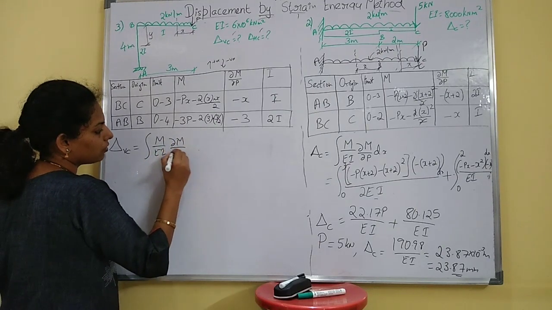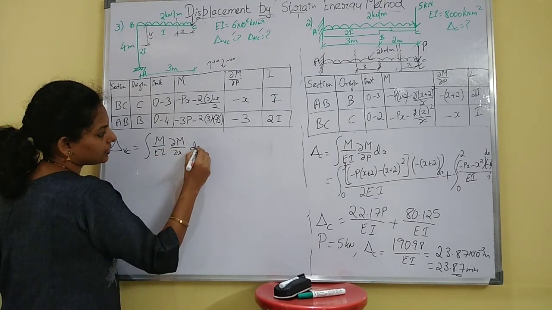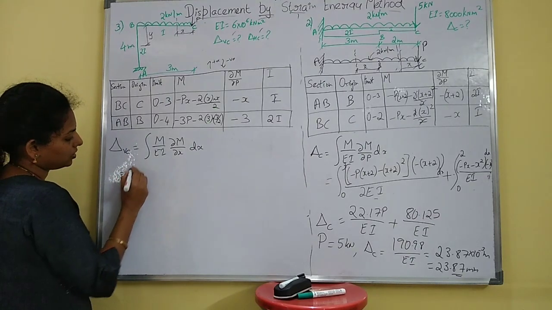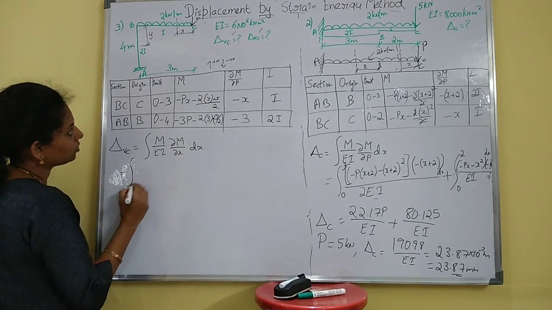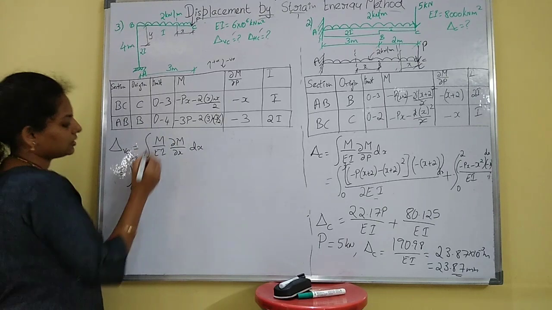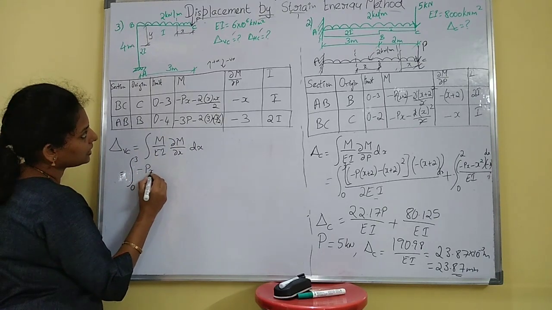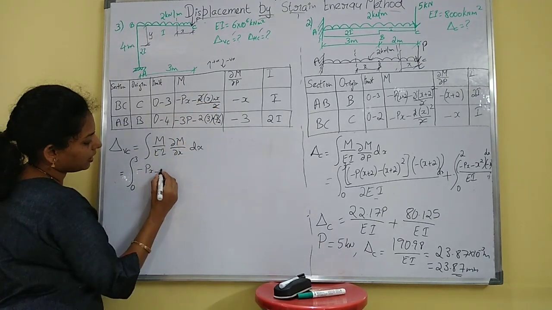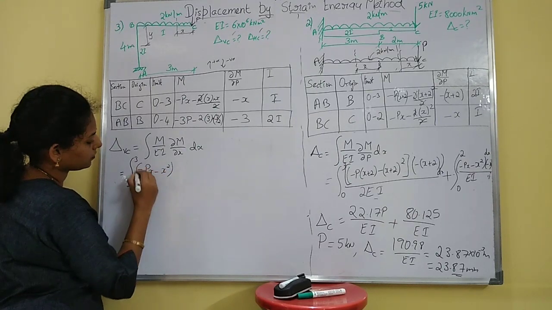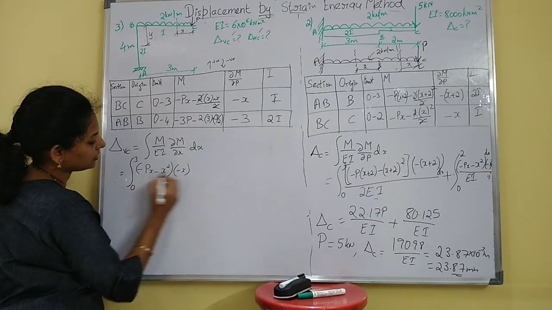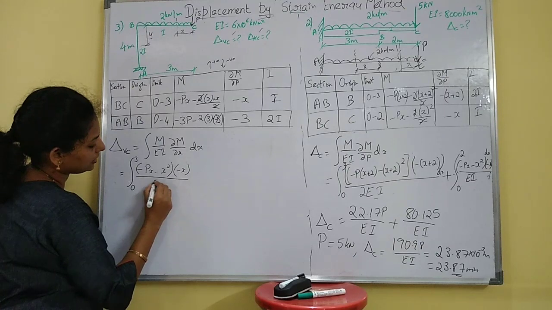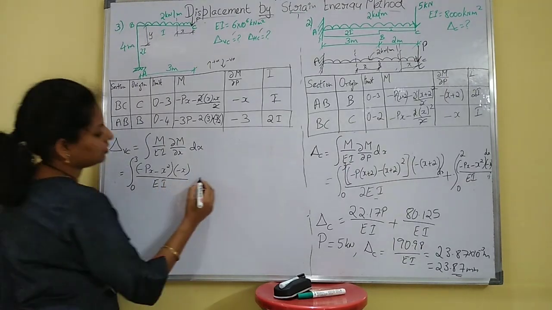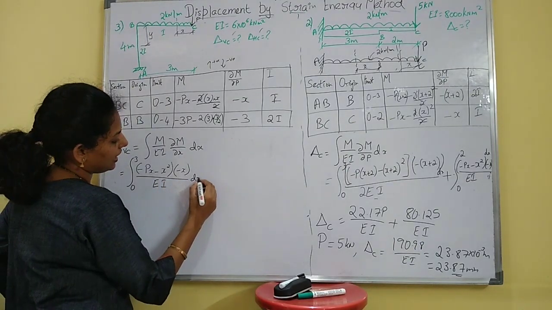So for the first section, 0 to 3 limit, M is minus Px minus x square, into minus x divided by I itself, dx.